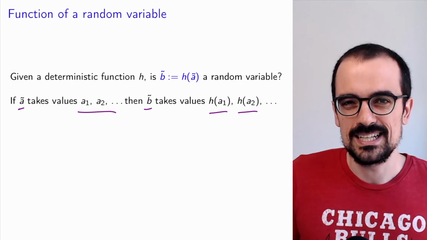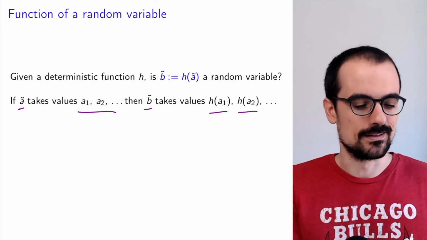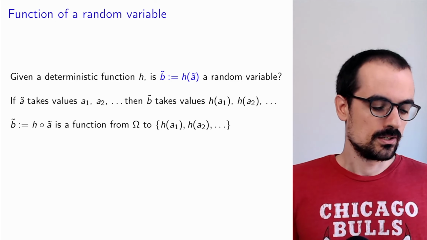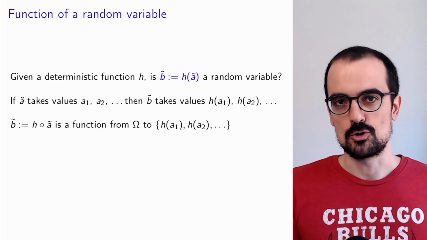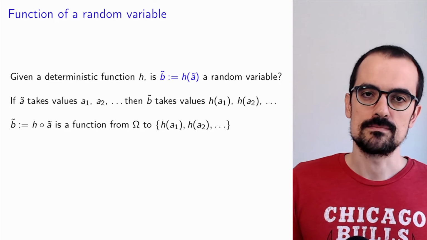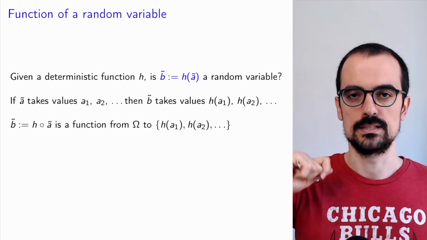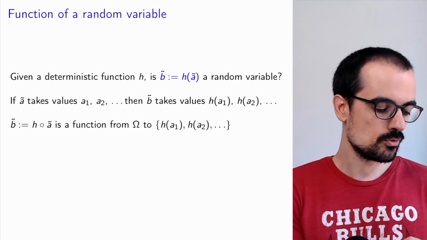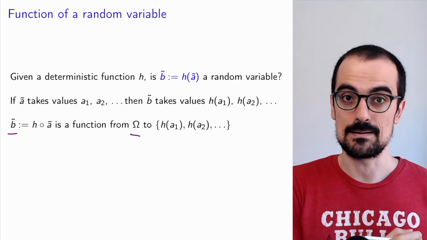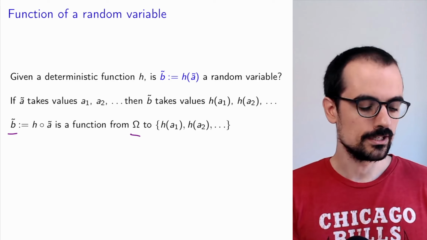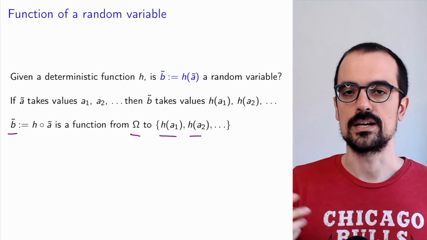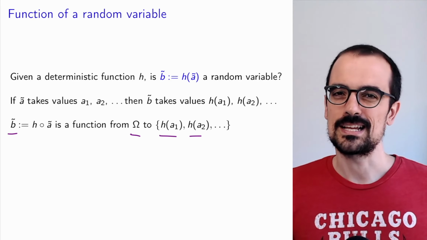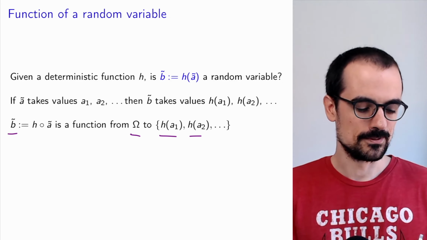So intuitively, this should be a random variable. Okay, if you think about it a little bit more mathematically, the original random variable maps from the sample space to this range a1, a2, and so on. That means that the new random variable maps from the same sample space to this new range h(a1), h(a2), and so on. So it sounds like this should be a valid random variable.